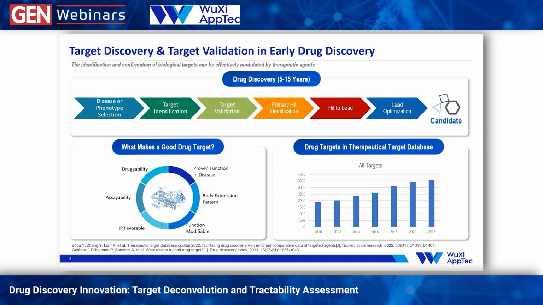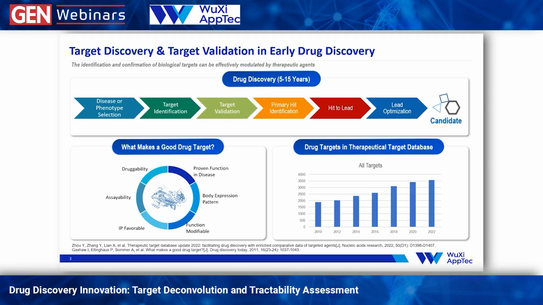But what actually makes a good drug target? We think a good drug target should have at least the following 6 properties, such as druggability, which means you can find potential compounds that can bind to it and modulate its function.